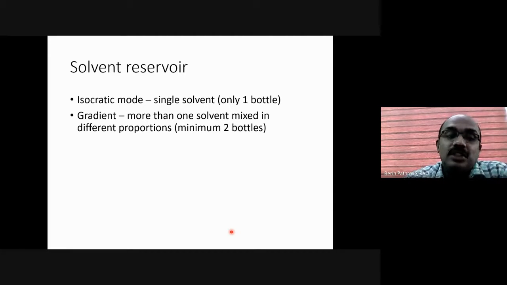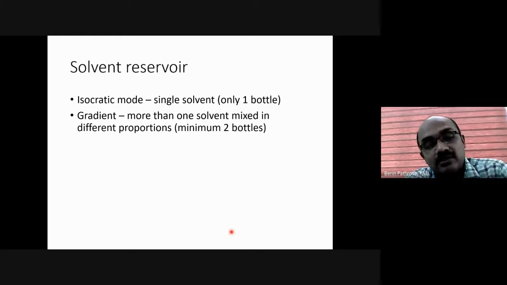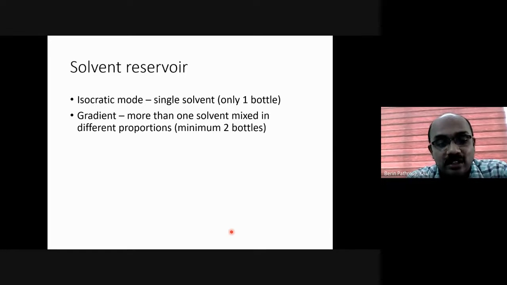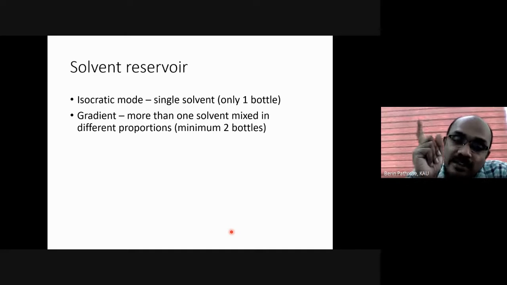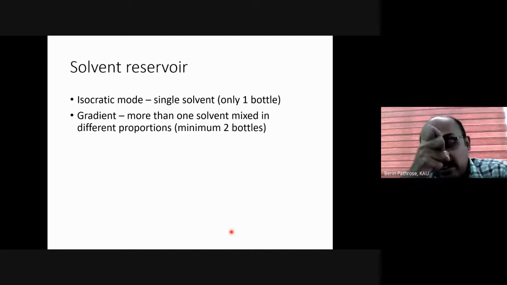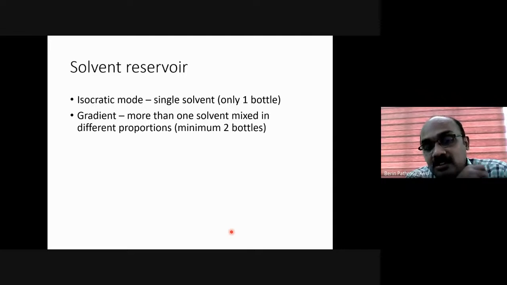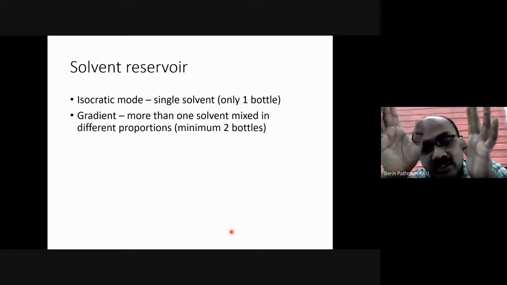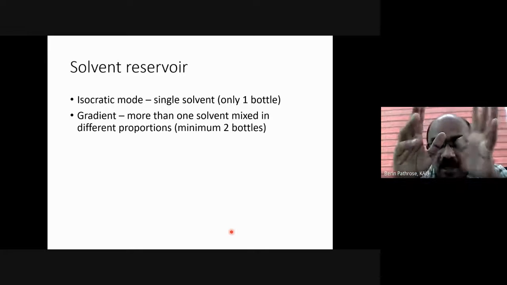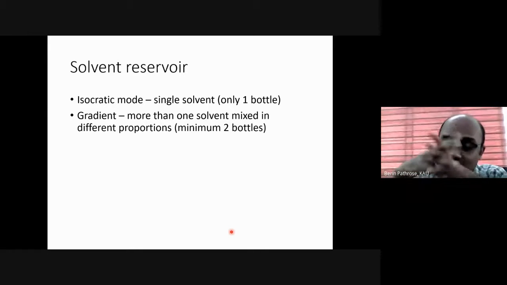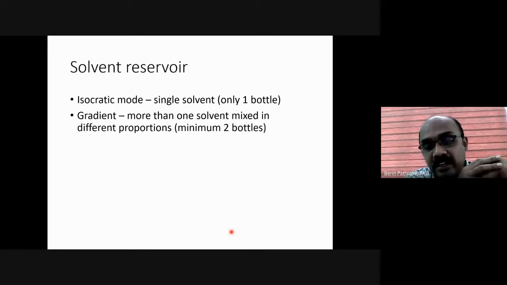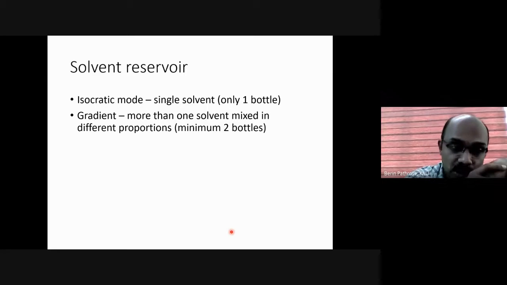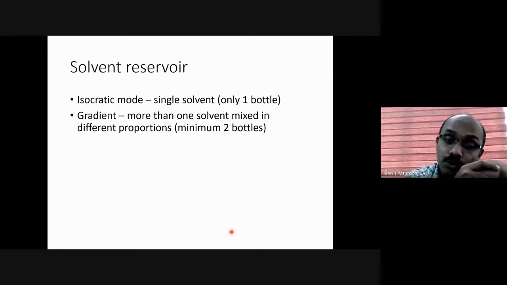Here also, in earlier HPLC systems, we had isocratic mode. Isocratic mode means a single solvent and a single pump, and that single pump pumps that single solvent into the column. So we can use only a single solvent. But now we have gradient HPLC. Gradient HPLC means instead of one bottle, we may have two or four.